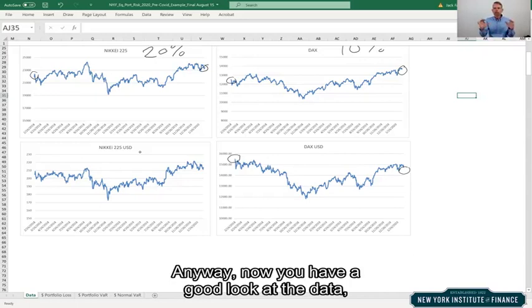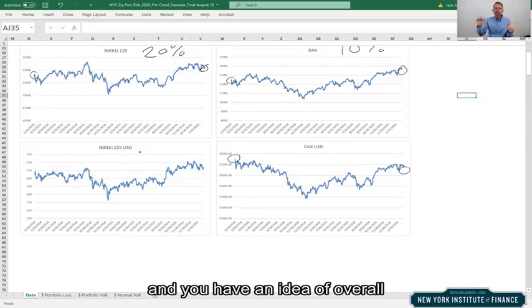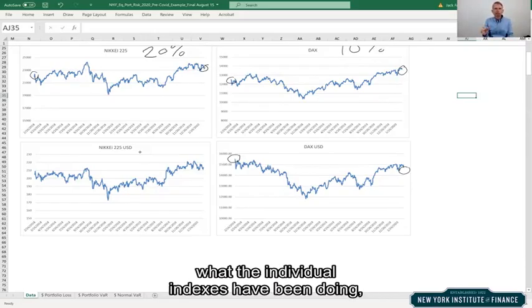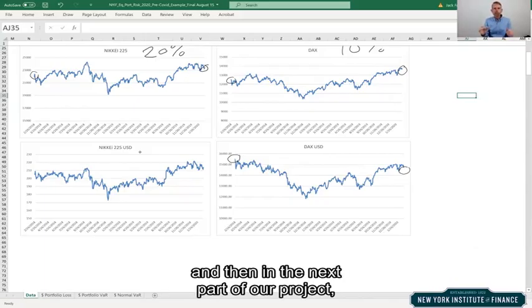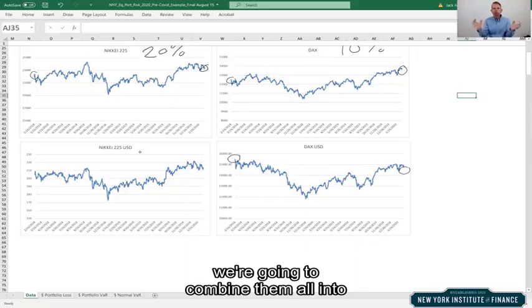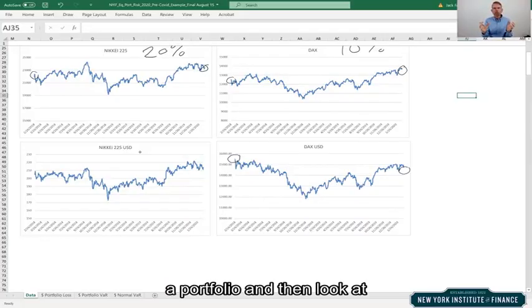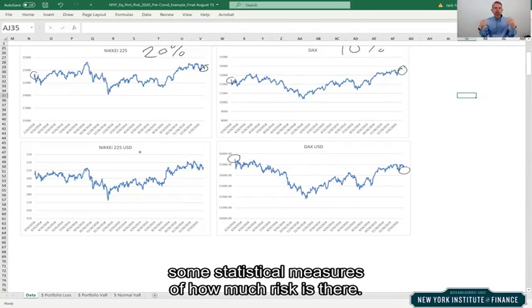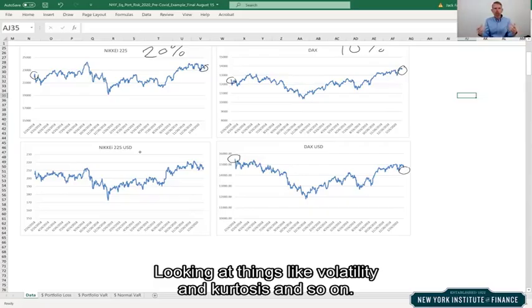So anyway, now you have a good look at the data, and you have an idea of overall what the individual indexes have been doing. And then in the next part of our project, we're going to combine them all into a portfolio and then look at some statistical measures of how much risk is there, looking at things like volatility and kurtosis and so on.